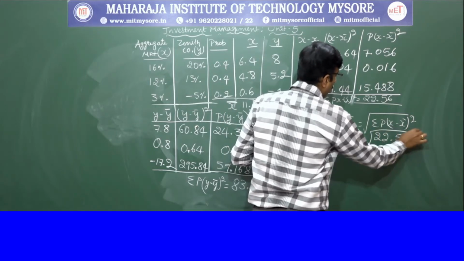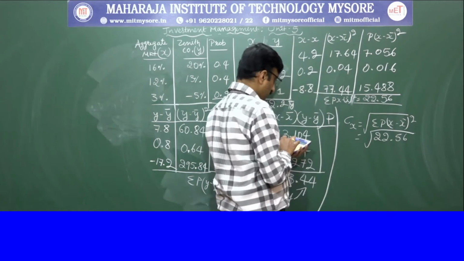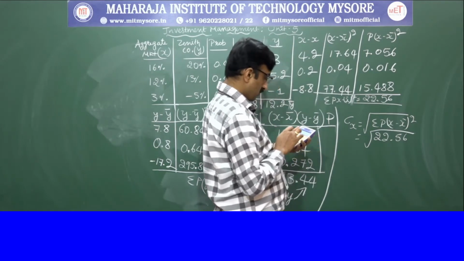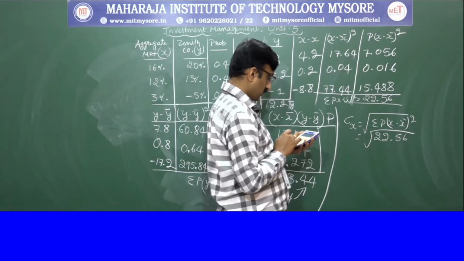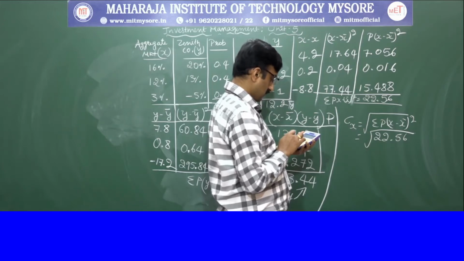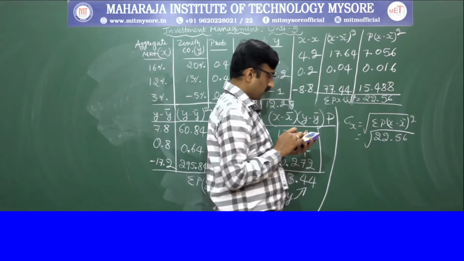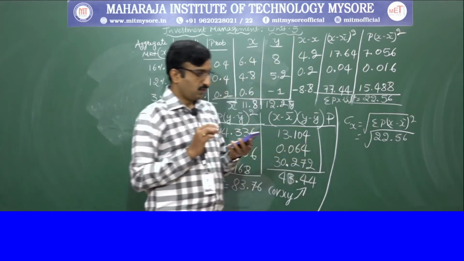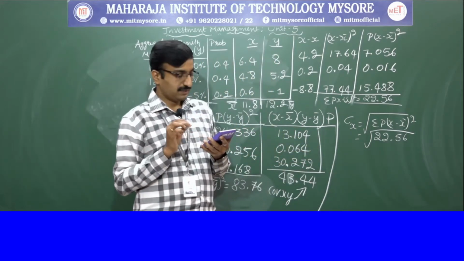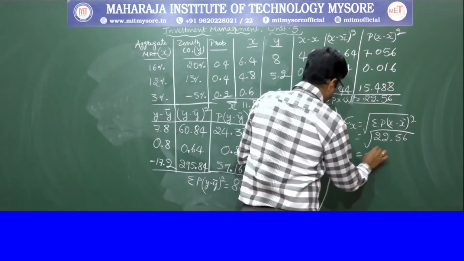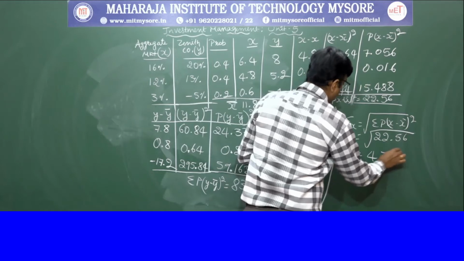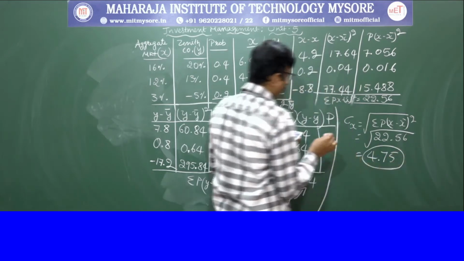Root of that we have to find out. Root 22.56, we will get 4.75 approximately. This is the standard deviation of x.